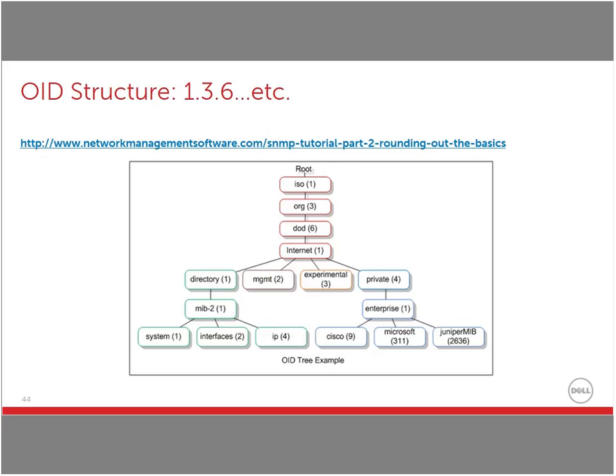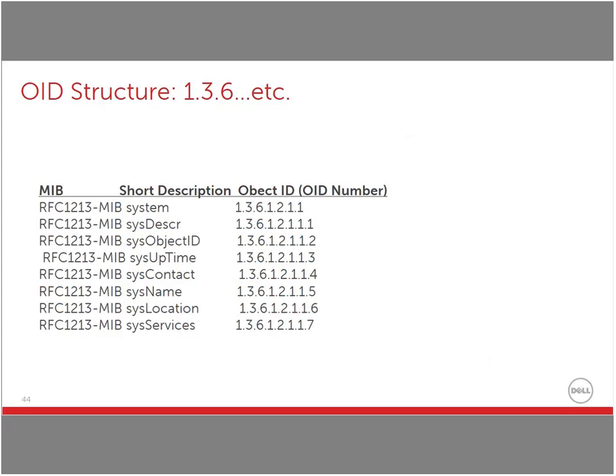I also want, if you notice the numbers, .1, .3, .6, .1, and so on and so forth. Again, you'll have access to this little primer, so you can go through this later if you want to take a look at it. But a good tutorial I provided for you as well, you may find helpful if this is the first time and you're not super familiar with MIBs.